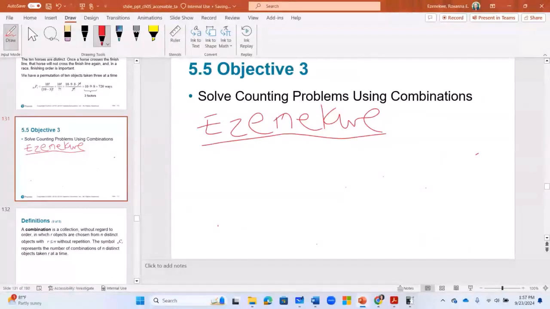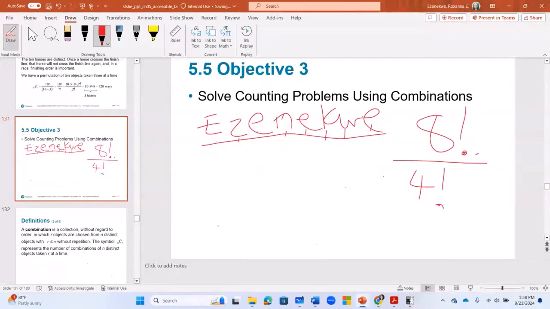1, 2, 3, 4, 5, 6, 7, 8. So I will write 8 factorial, the sample space of the count, over. I will count every repetition. Did any letter repeat? Yes, E repeated 4 times. Any letter that repeated, you have to divide by that factorial.